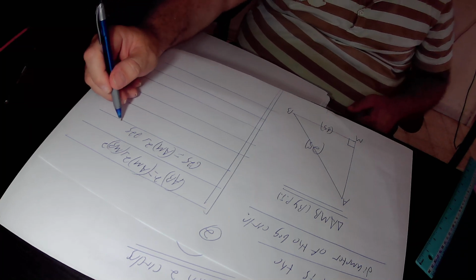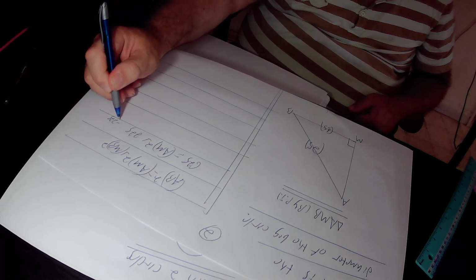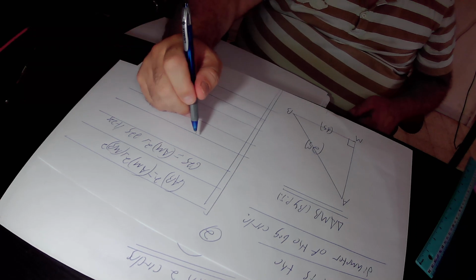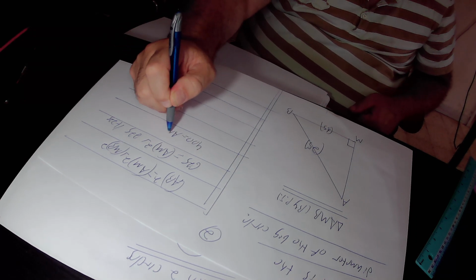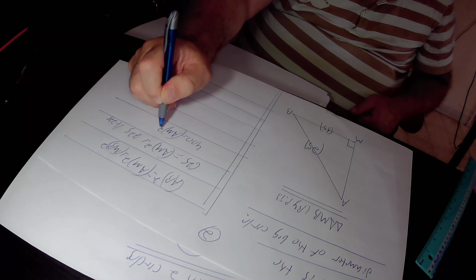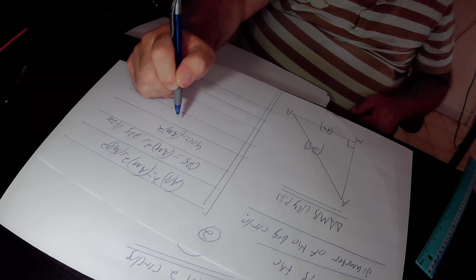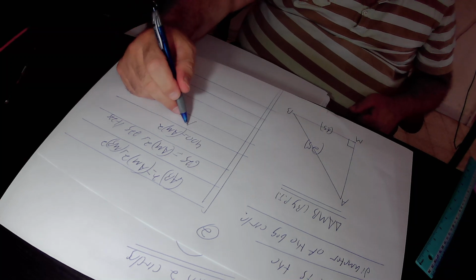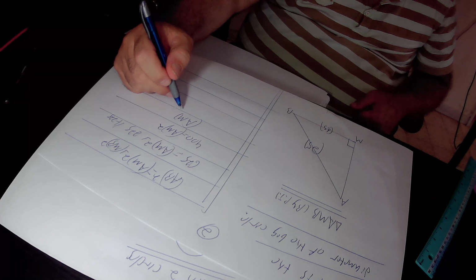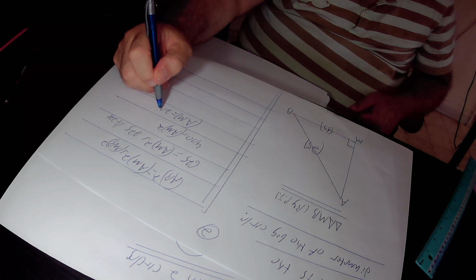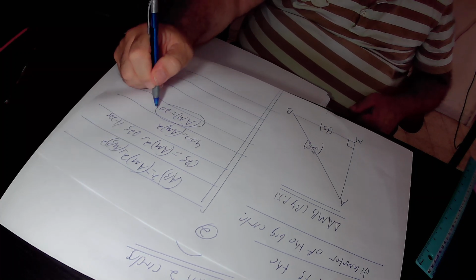Here we subtract 225, and 625 minus 225 is 400, so 400 equals AM squared. Taking the root, AM equals the square root of 400, that is 20. So AM equals 20 units in length.